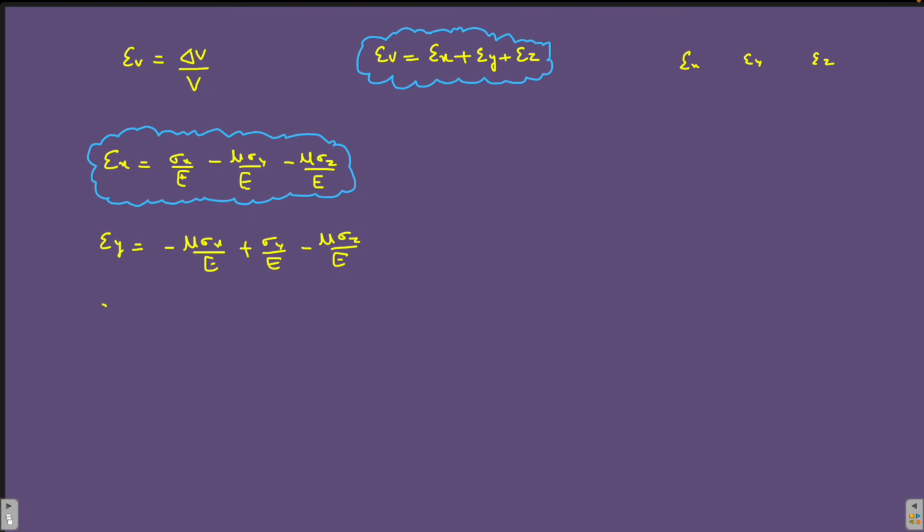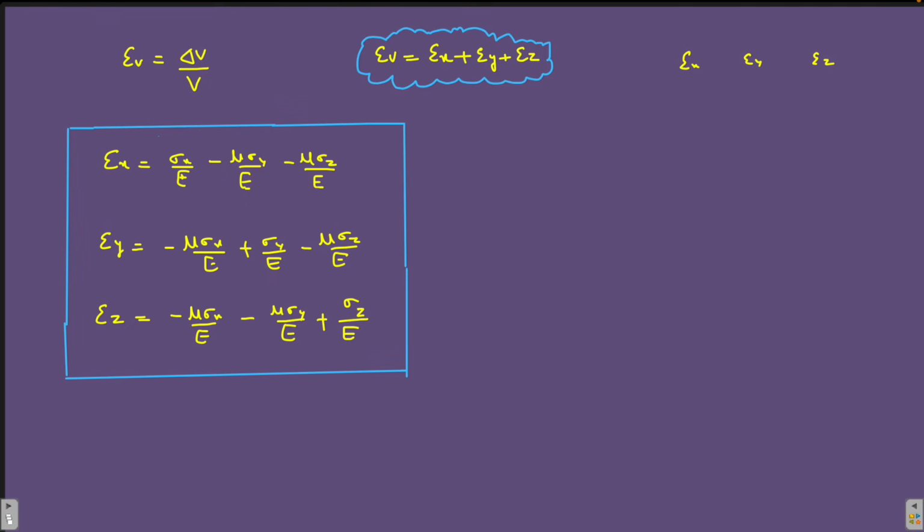And what is the strain in z direction? It is minus mu sigma x by E minus mu sigma y by E plus sigma z by E. So these are the three formulas which we are going to use.